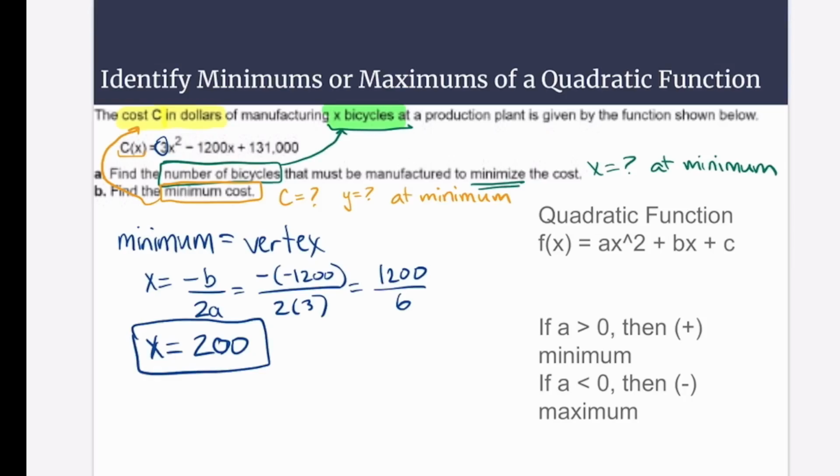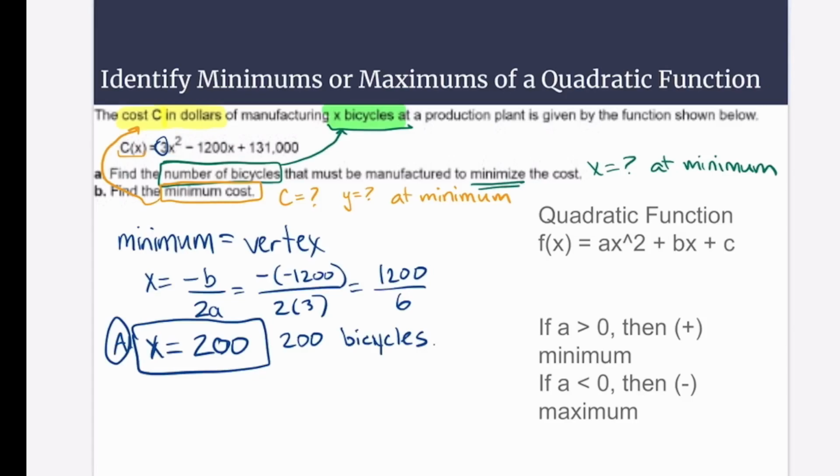So part A, find the number of bicycles that must be manufactured to minimize the cost. So part A is 200 bicycles. Oh man, I'm on a roll today. All right, so that's the number of bicycles to minimize.